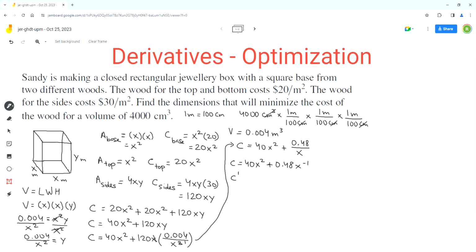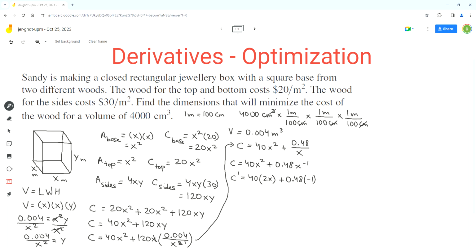So c prime equals, so in the first term 40 is the coefficient, so it'll stay as it is, and as per the power rule the derivative of x squared is 2x, and then plus 0.48 is the coefficient, so it will stay as it is, and as per the power rule the derivative of x exponent -1 is -1.